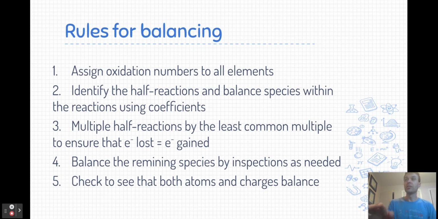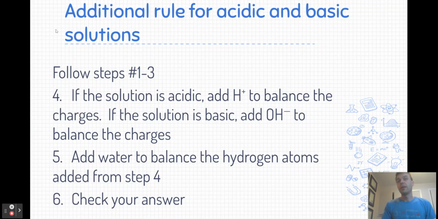And now let's move on to a few more rules. If we are in an acidic or a basic solution, we follow the first steps 1 to 3 from the previous slide. And then, in order to balance the charges, we are going to use hydrogen ions if the solution is acidic.